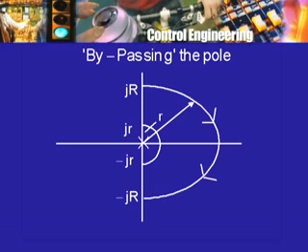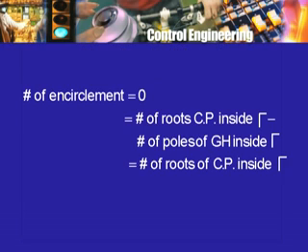So, this is the whole idea of arguing that R, the radius of this semicircle, is to be made very large, and the radius of this small semicircle is to be considered to be very small. This is because whatever roots that we are thinking of, the rational function will all be captured inside this contour, if capital R is chosen sufficiently large and little r is chosen sufficiently small.